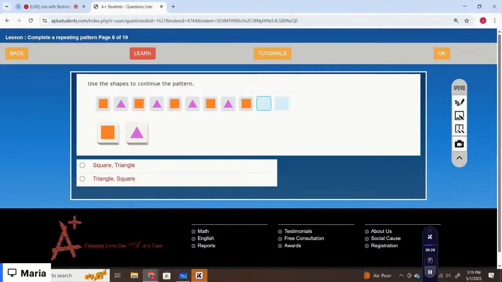Use the shapes to continue the pattern. That is triangle and square. Option number 2 is the correct option.